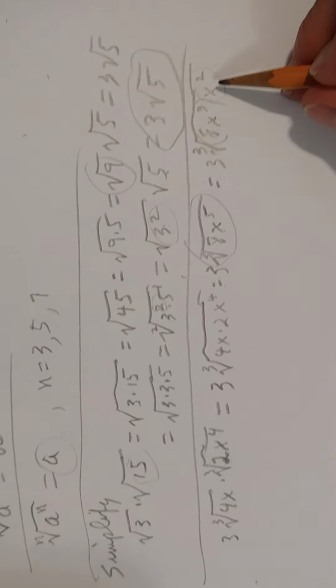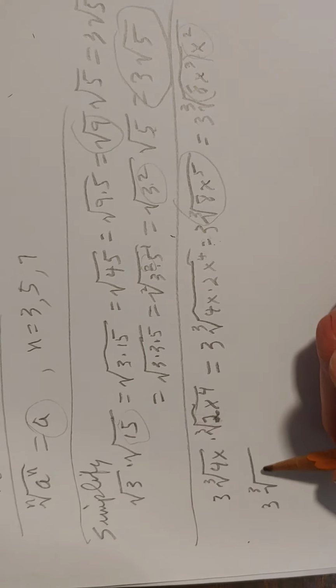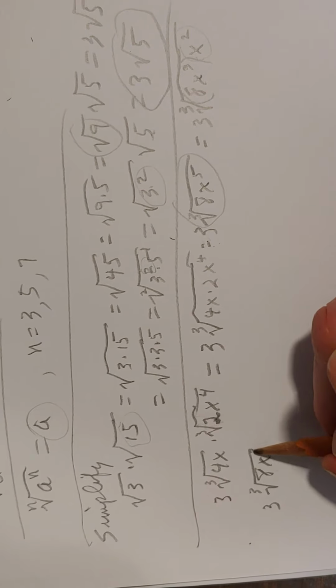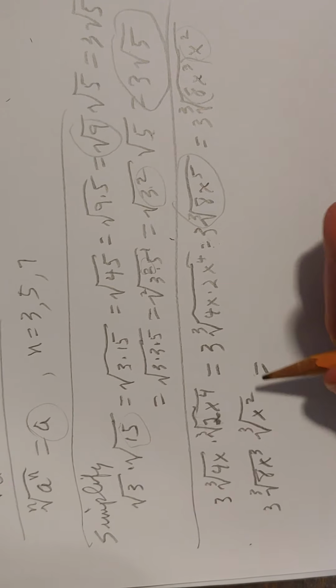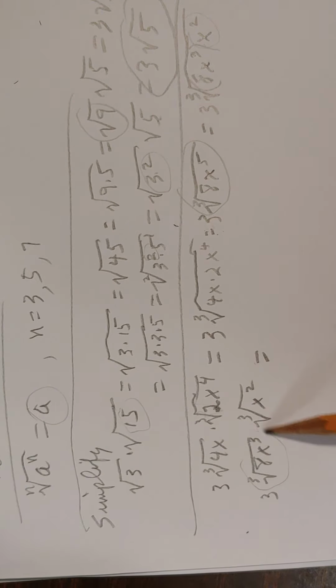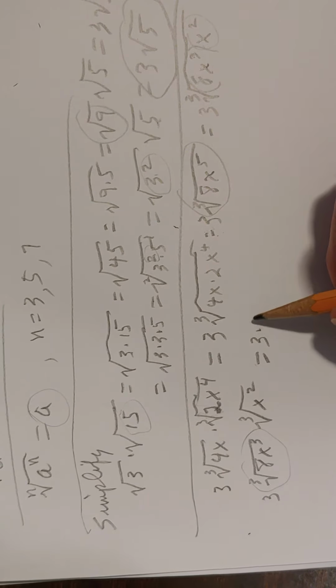So now I'll use the properties of exponents again and rewrite this as 3 times the cube root of 8x cubed times the cube root of x squared. This first cube root, I can simplify and write without a radical symbol. So we'll end up with that 3 times the cube root of 8, which is just 2.